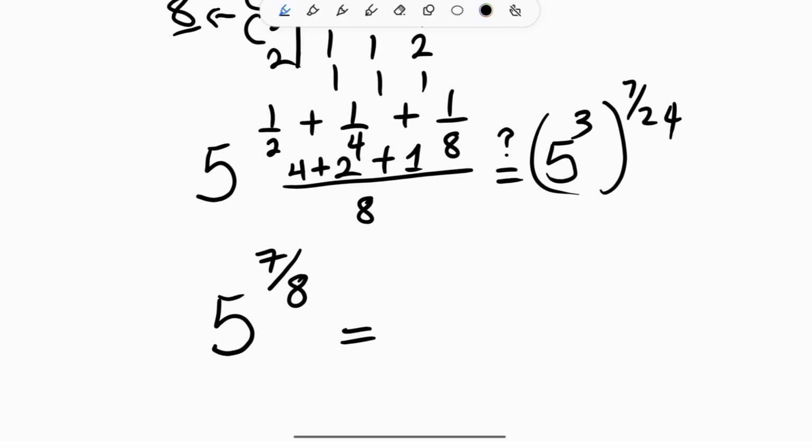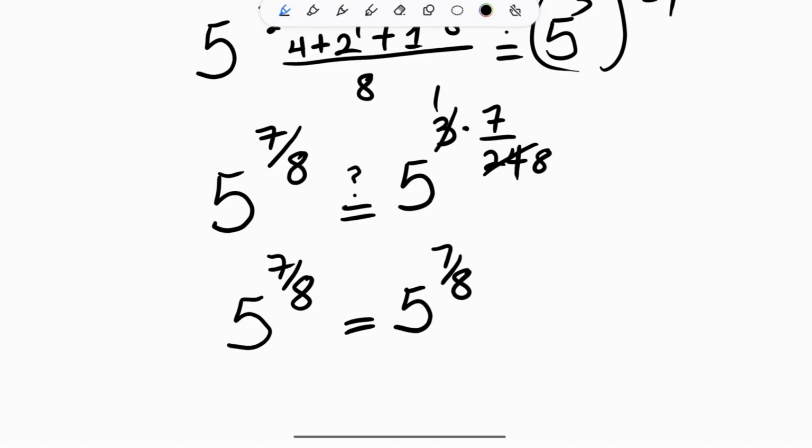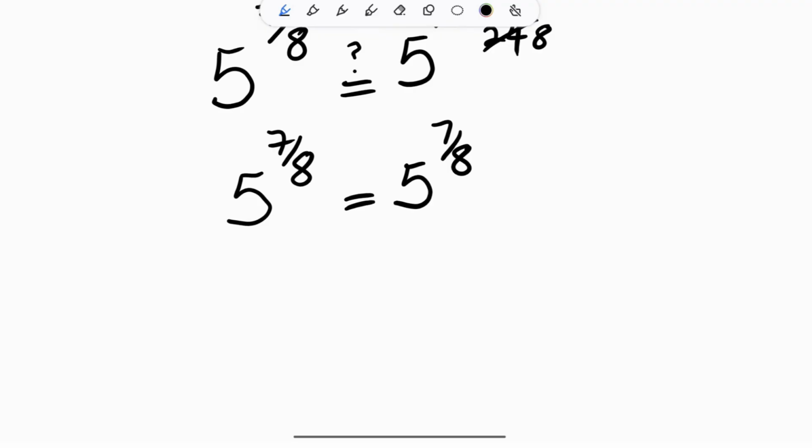On the right hand side we have 5 raised to the power 3 times 7 divided by 24. Now 3 into 3 is 1, 3 into 24 is 8. So the left hand side is 5 raised to the power 7/8, and our right hand side is also 5 raised to the power 7/8. So we can see that our left hand side is equal to our right hand side.